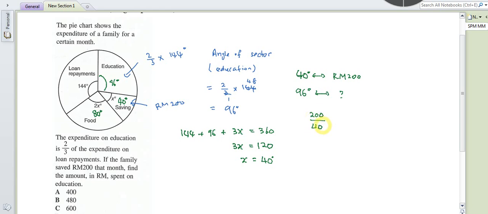You want to see 1 degree represents how many ringgit. Then you have 96 degrees here. Okay, so you just press the calculator. Okay, so you should be able to get 480. The answer is RM480.